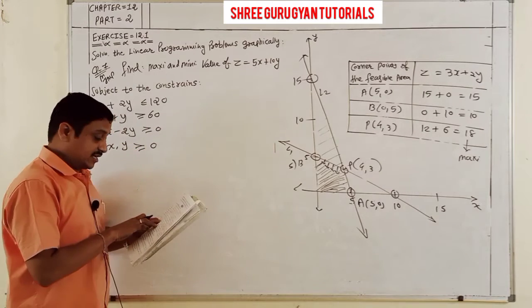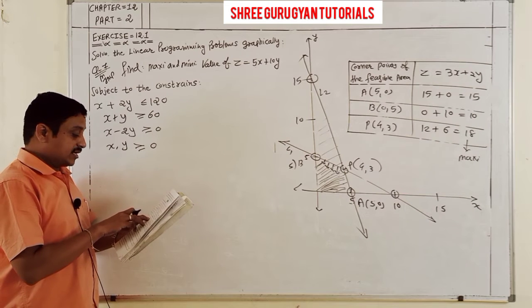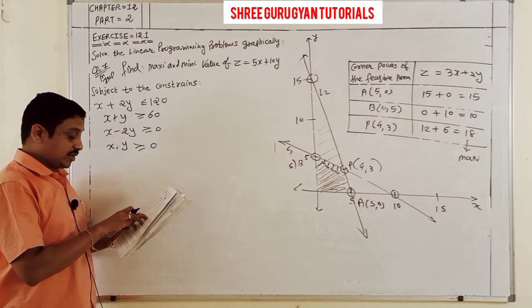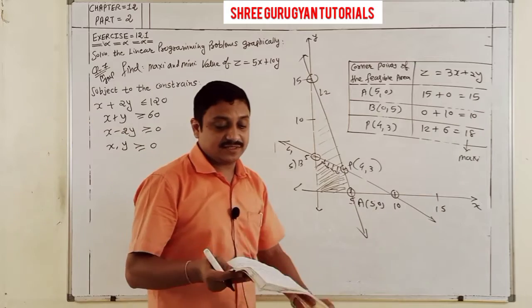One more time, check: x plus 2y less than or equal to 120, x plus y greater than or equal to 60, x minus 2y greater than or equal to 0, and the objective is 5x plus 10y.